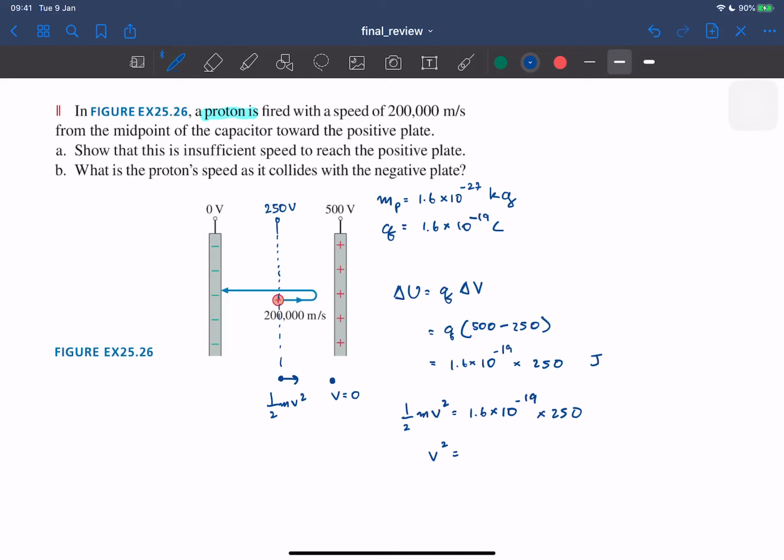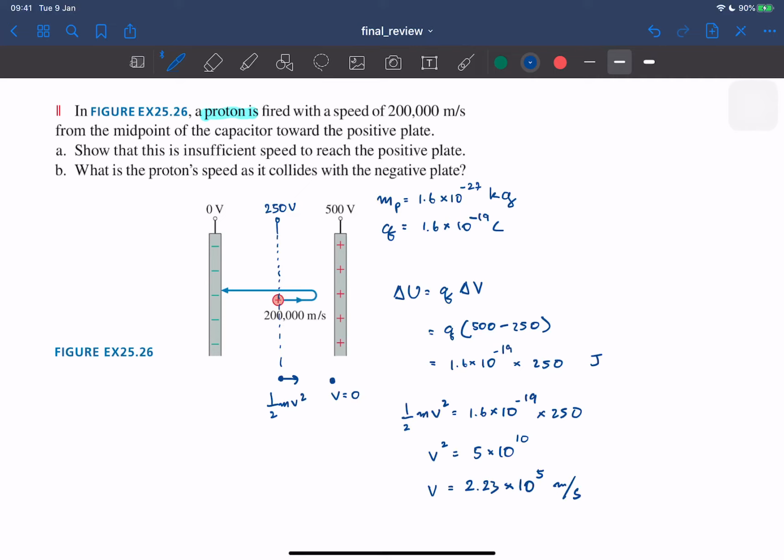Okay, so v square is 5 times 10 to the 10, I think. So v is about 2.23 times 10 to the 5 meter per second.